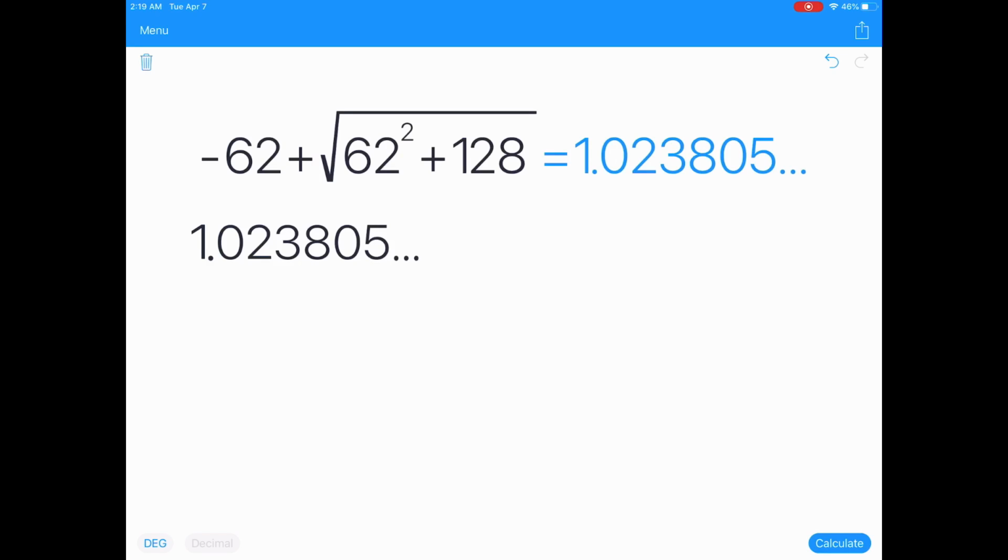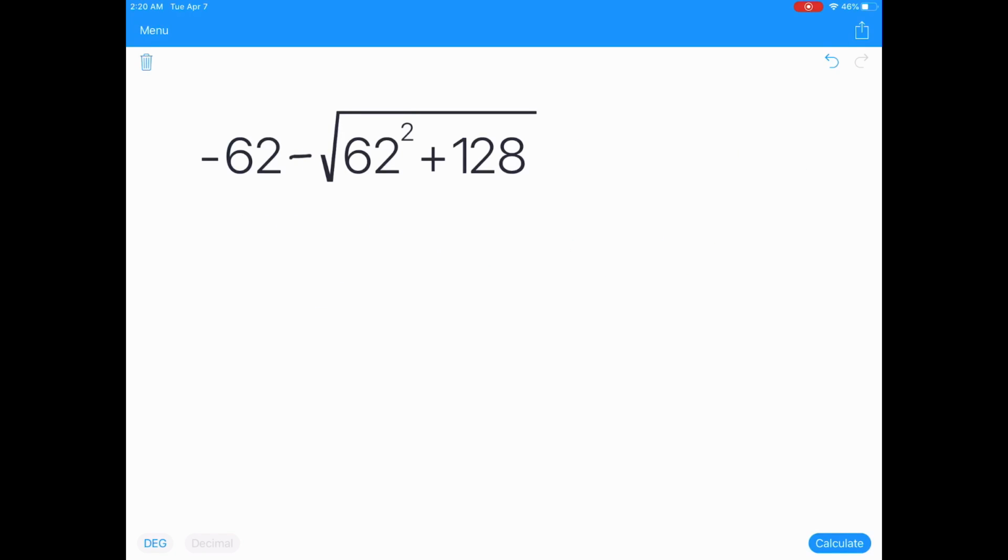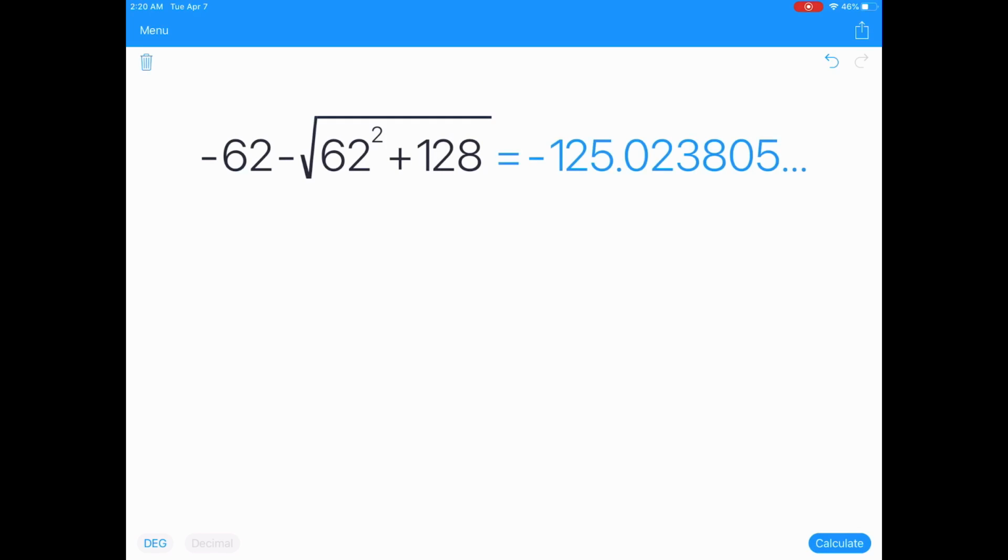The last step is for us to divide by -32. So there's one of my answers, so I'm going to write that down. That's -0.31993... so I'm probably just going to round that to -0.03.